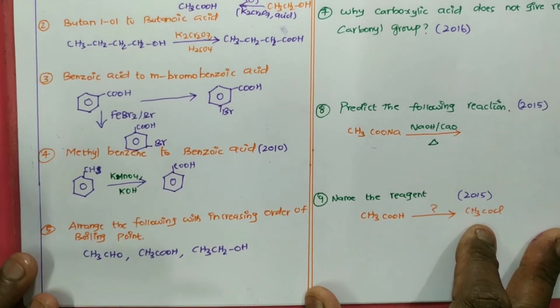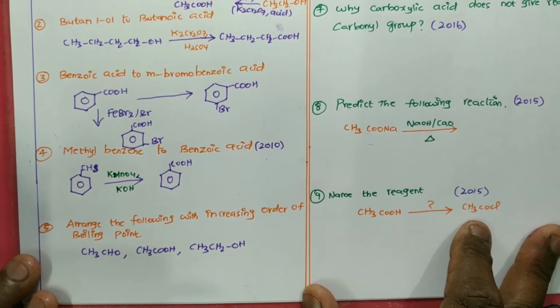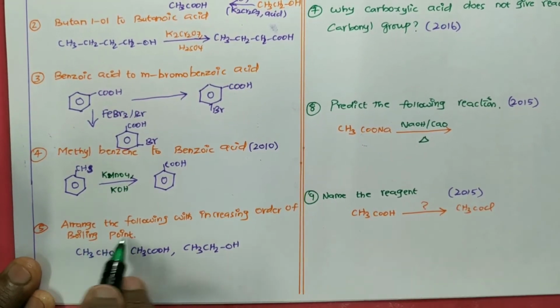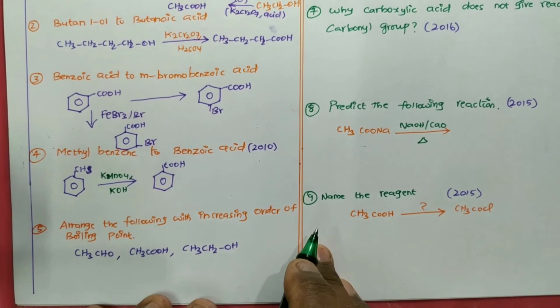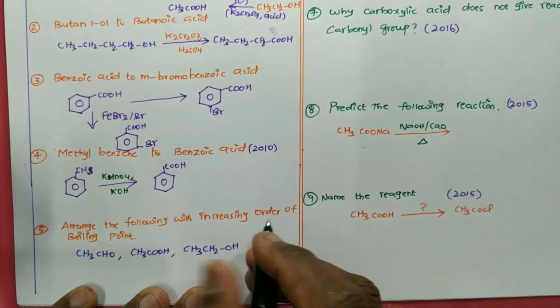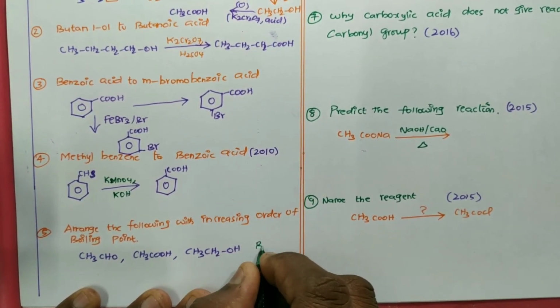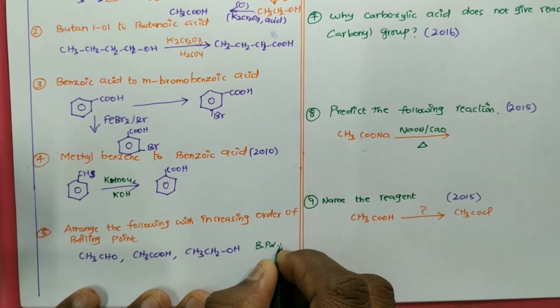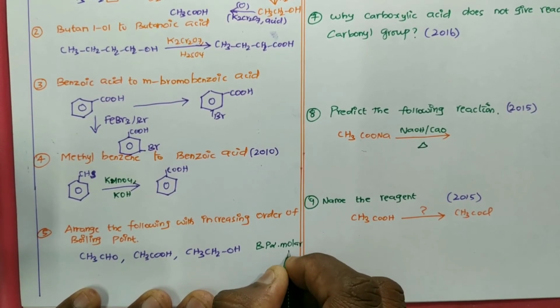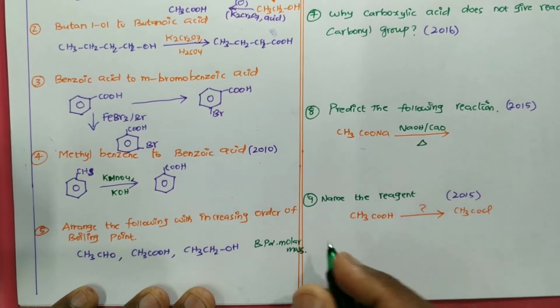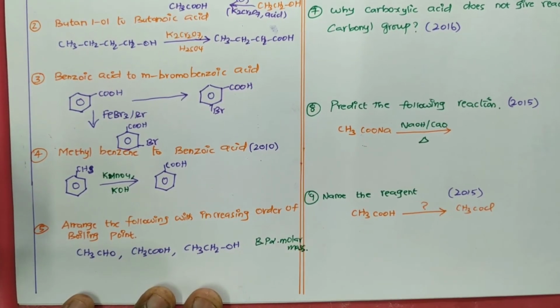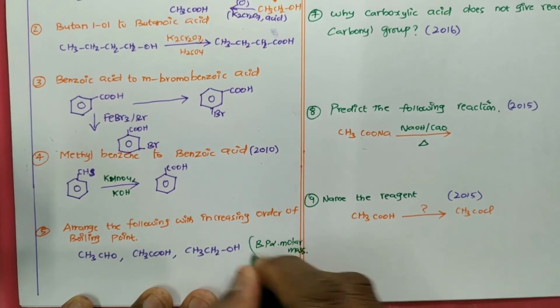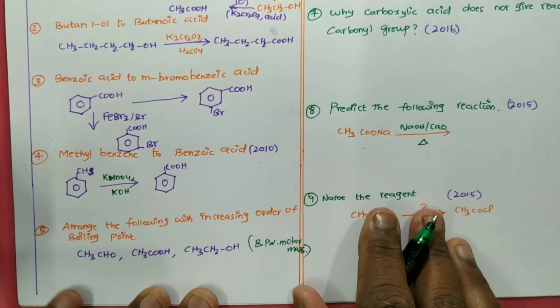And the very most important thing: arrange the following in increasing order of boiling point. As we know very well, the boiling point is directly proportional to molar mass. If you don't know about this concept, please go and watch my previous video in the alcohol and haloarene chapter; you'll get a good idea about this.